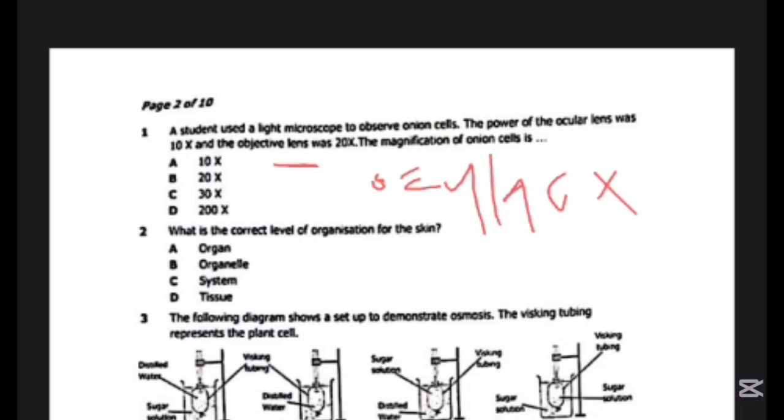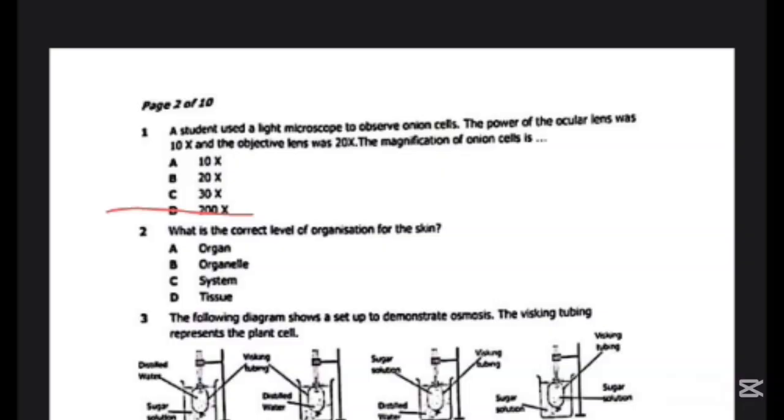In our case, we are supposed to multiply 10 times 20, so we find our answer to be 200x or 200 times.